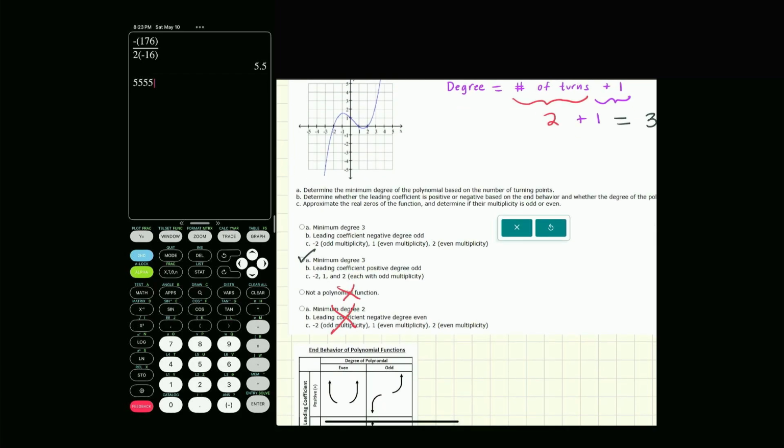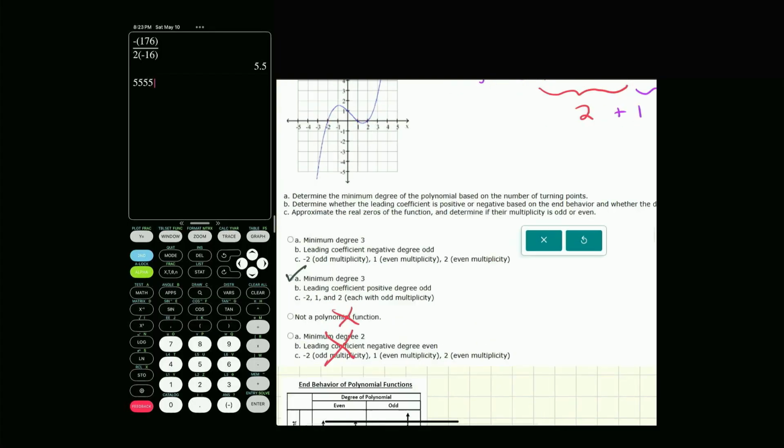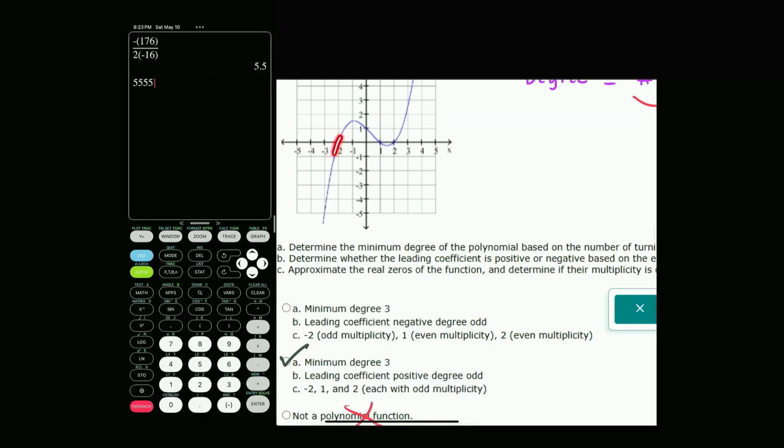If you wanted to go further and look at the zeros just to prove it some more, you could. We've got zeros or x-intercepts here at -2, 1, and 2. And what is it doing at each of those x-intercepts? It's crossing straight through, right?